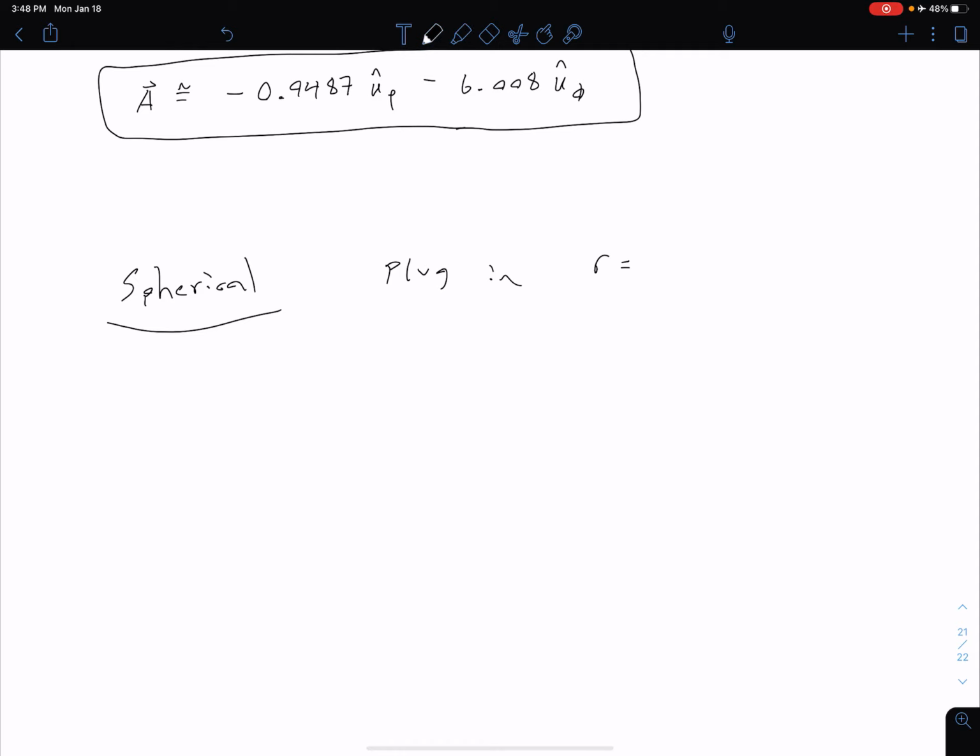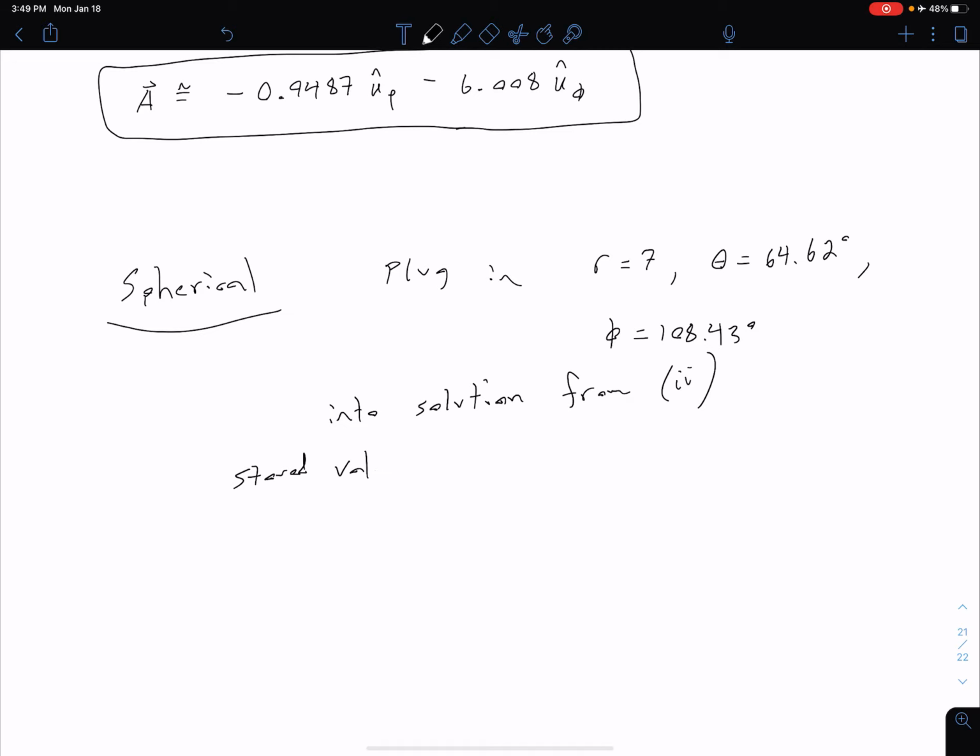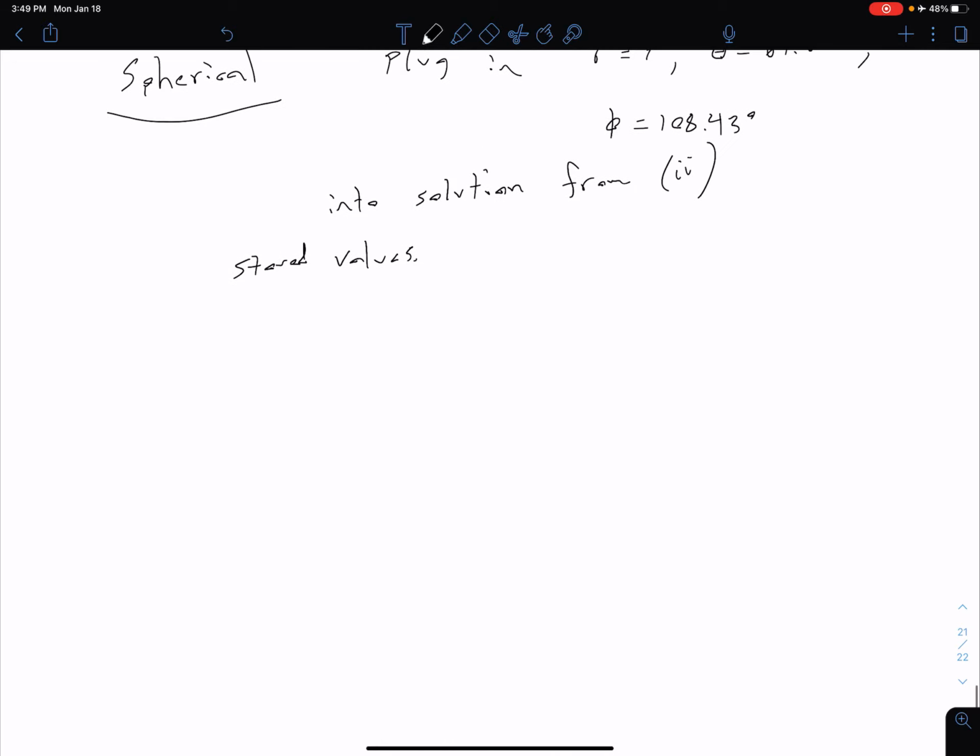So we're plugging in R equals 7, theta is 64.62, and our phi is equal to 108.43 degrees. We're plugging that into our solution from part 2. And again, I've used stored values, so no rounding, just to get it a little more approximate.